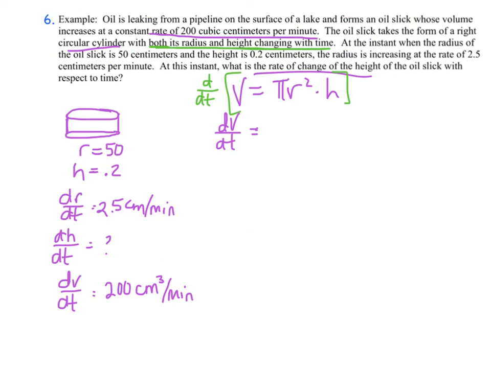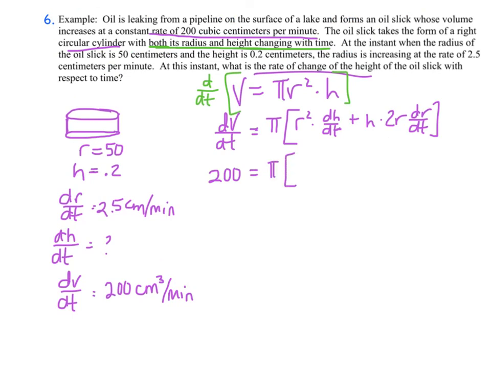So we've done this before. I'm going to pull out my constant and then do the derivative of r squared h using the product rule. So first times the derivative of h would be dh/dt, plus second, your h, times the derivative of r squared, which would be 2r dr/dt. So dV/dt is what I know, it's 200, equals pi times, what do I know here?